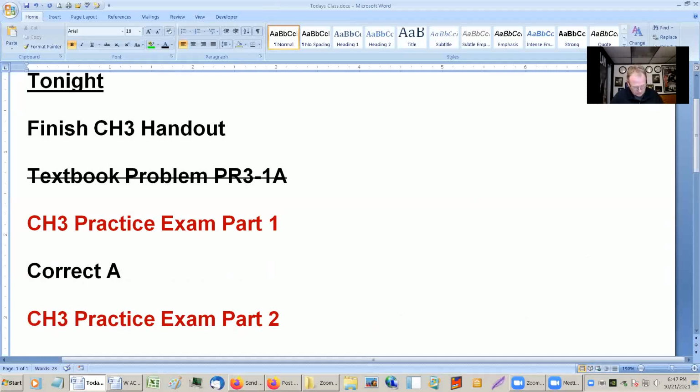So if you get 4 of them correct, that's plus 2. If you get 6 of them correct, plus 3. And if you get 8 of the 10 correct, you'll get all of the extra credit points, plus 4.